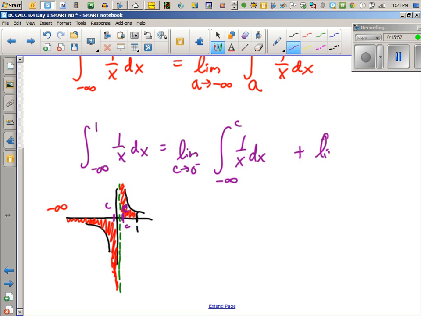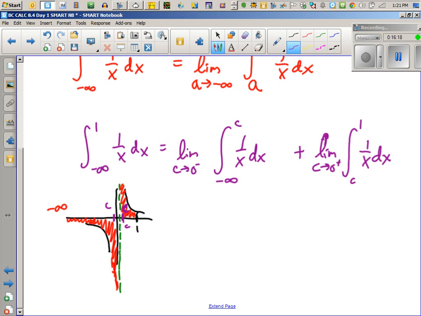So I'm going to do LIM, C goes to 0 from the right, integral from C to 1. But it's still not proper. Why? I've got an infinity in my limit. See? So I've got to fix that too.